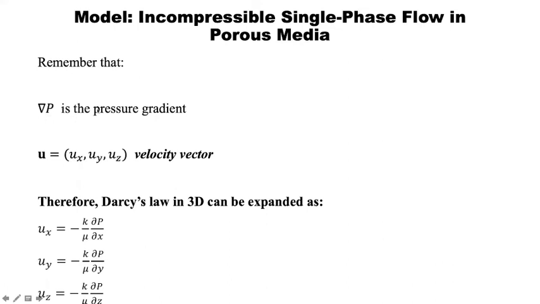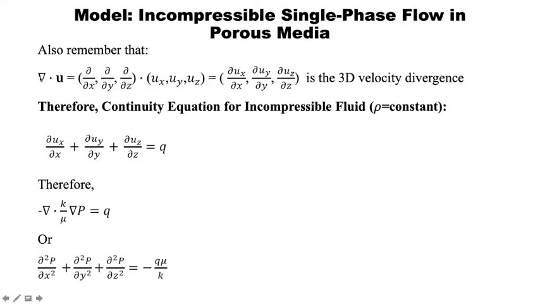But this one, if you remember, the operator nabla is defined as this, a vector also, right? And velocity is another vector. When we have the dot product, we call this the scalar product, which gives 3 scalar terms like partial Ux by partial x, partial Uy by partial y, partial Uz by partial z.